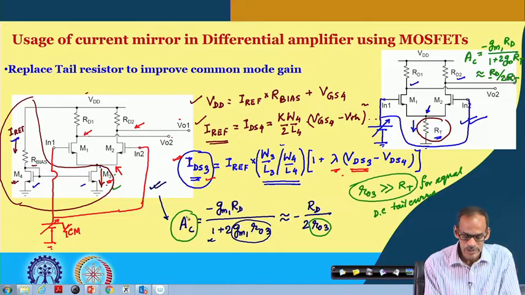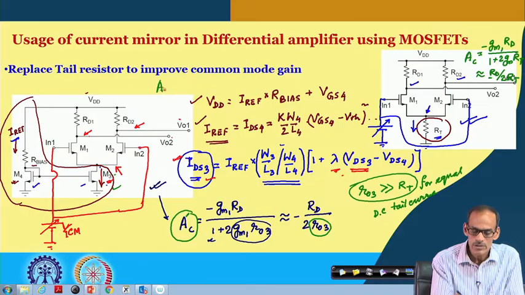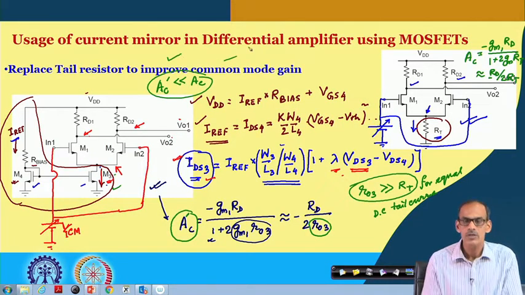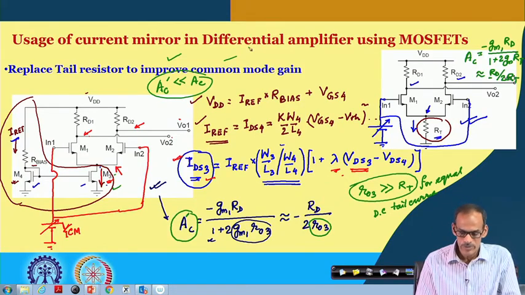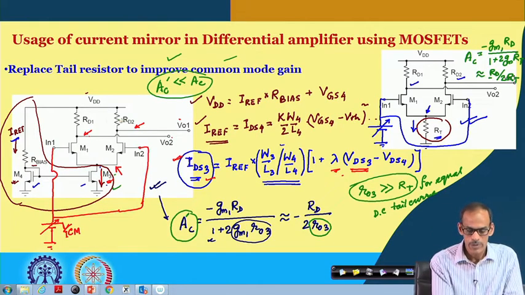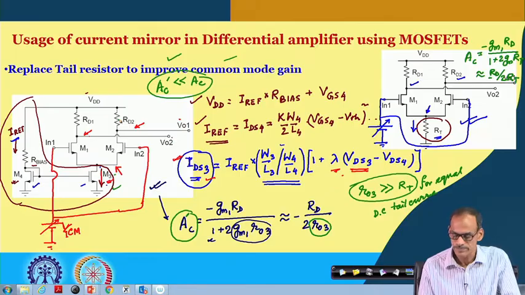If I call this A C dash and this A C, then A C dash is much smaller than A C. That is why we say that it improves the common mode gain of the differential amplifier. Now, if you replace the load part by an active current mirror, then we get improvement of common mode and differential mode gain.